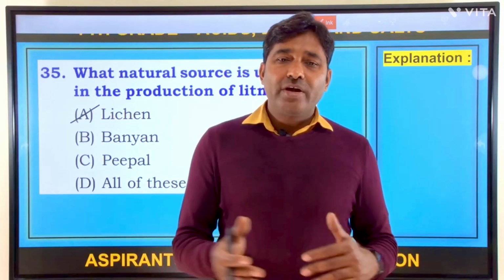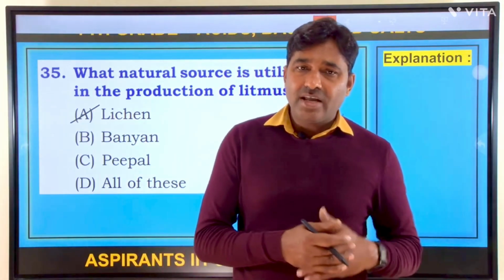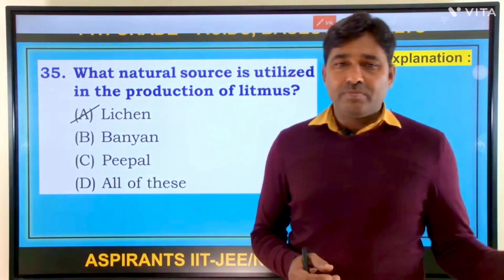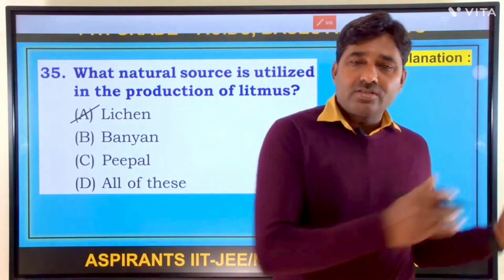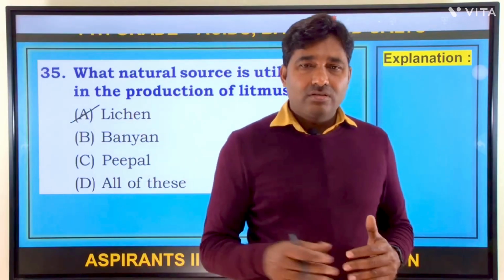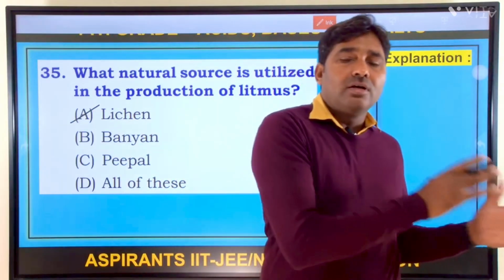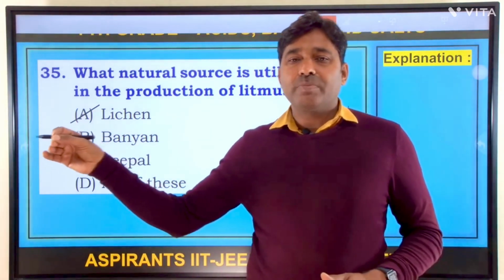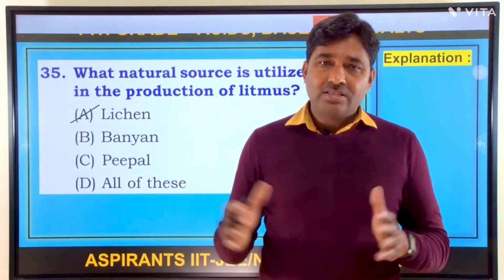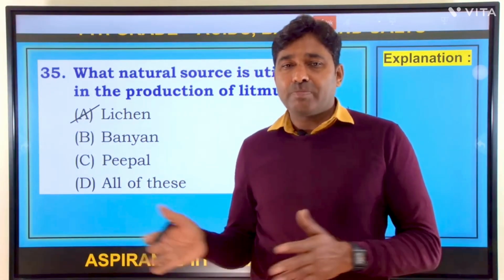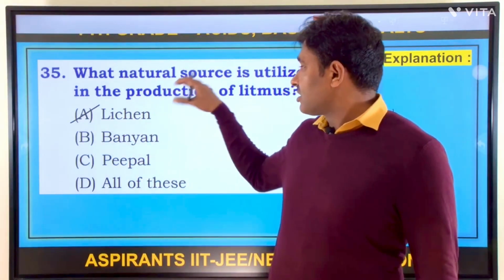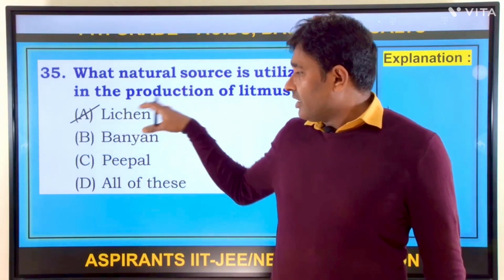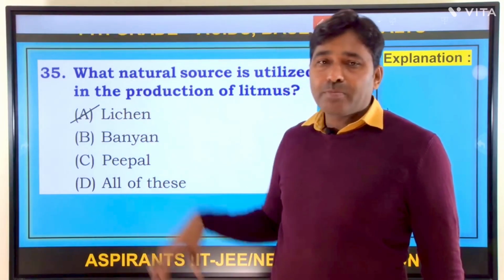After that, it is mixed with solvents like water or ethyl alcohol. Then it is prepared as a litmus solution. Then it is impregnated with paper. The resultant paper is called litmus paper. We use it as a solution and as a paper. So the lichens are used as indicators by following a certain process.